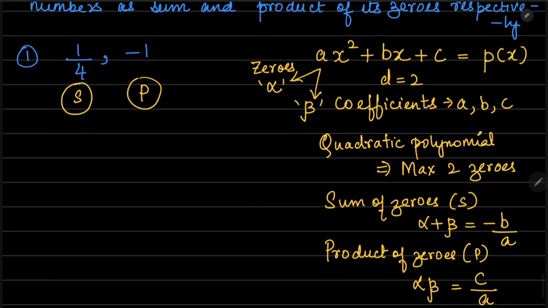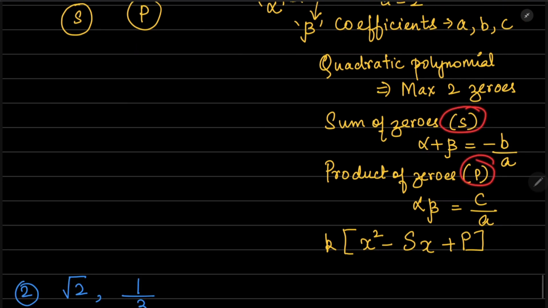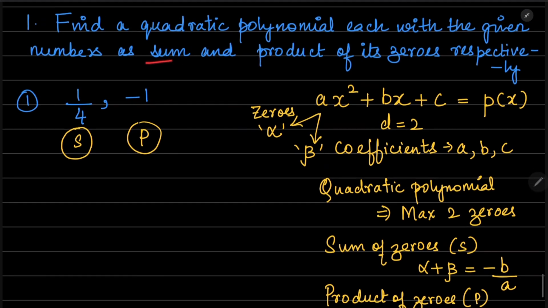If you know the s value and p value, the sum and the product of the zeros, you just have to substitute it in this formula. This is the quadratic polynomial. So if you know the sum and product of the zeros of any polynomial, you will be able to write the quadratic polynomial using the formula k multiplied by x square minus sx plus p.